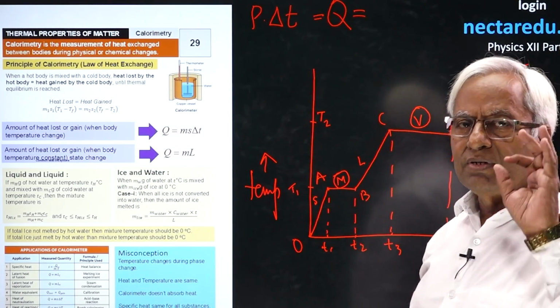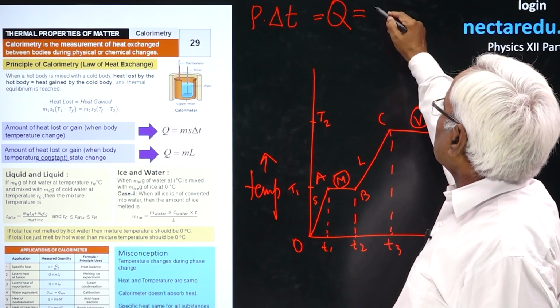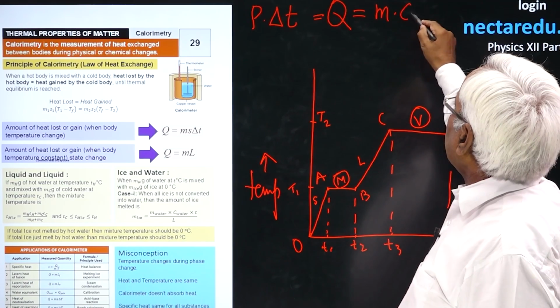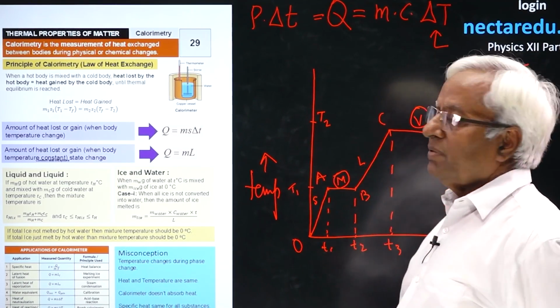Suppose the time interval used here is small delta T, and you also know Q is equal to mc delta T. This is the temperature interval.